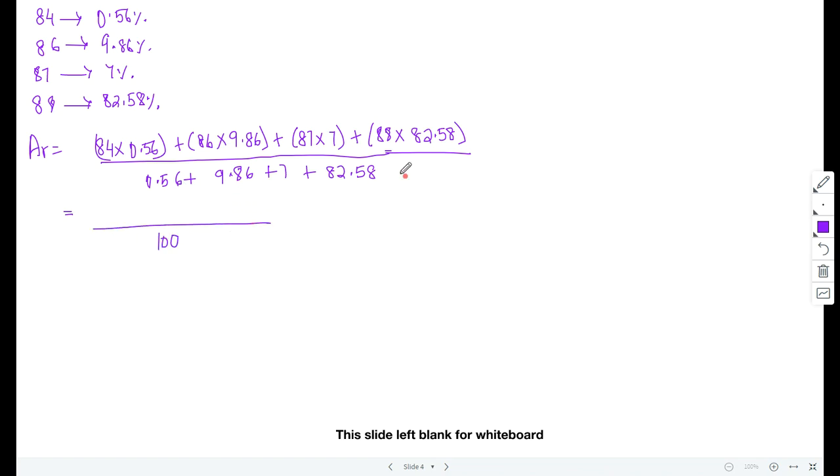If you add, you will get 100. So if possible, try to solve this and tell me the answer, please.